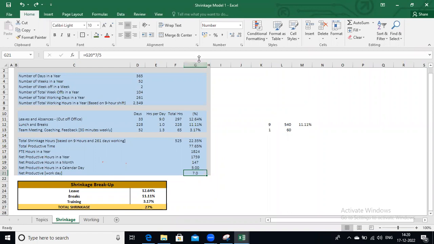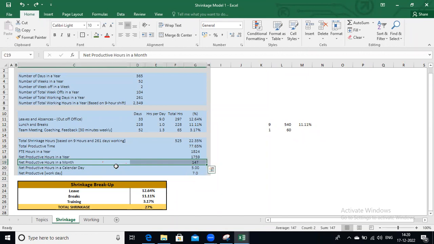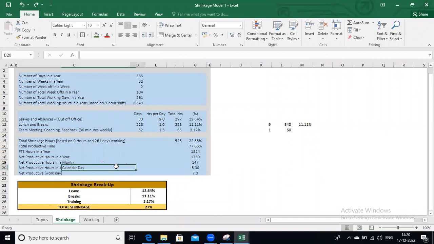Yeah. Thank you. Okay. So here we have got the number of FTE hours in a month and in a week as well. Here you can see this is my monthly hours, 147.